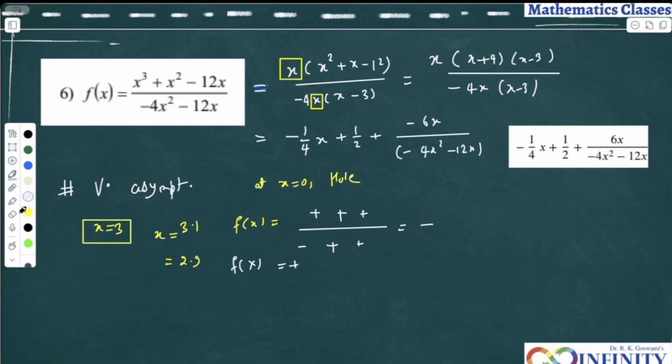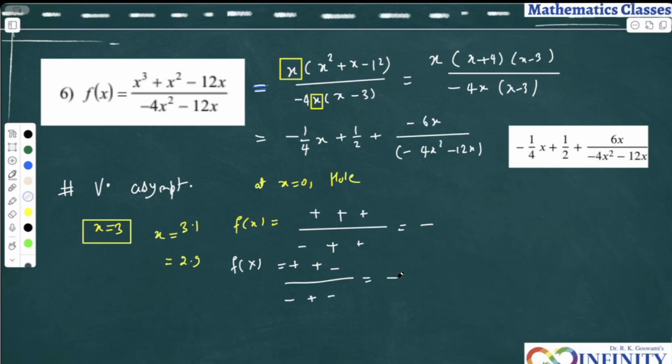Even if you have an issue, you just put the values. 2.9 is positive, then after x plus 4, 2.9 plus 4 is positive. This is negative, divided by negative is already there. Forget about 4. X is 2.9, which is positive. And 2.9 minus 3 is going to be negative. So there are three negative values, so it is also going to be negative.